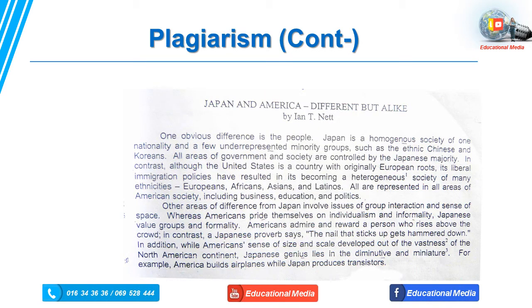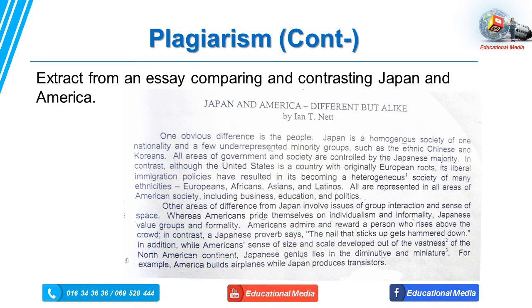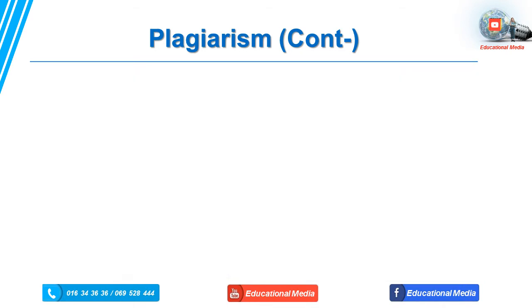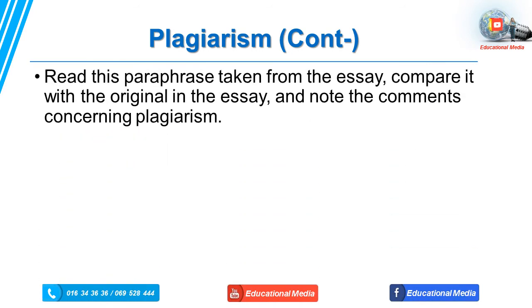Now take a look at the extract from an essay comparing and contrasting Japan and America. Okay. Now read this paraphrase taken from the essay that I just showed you.